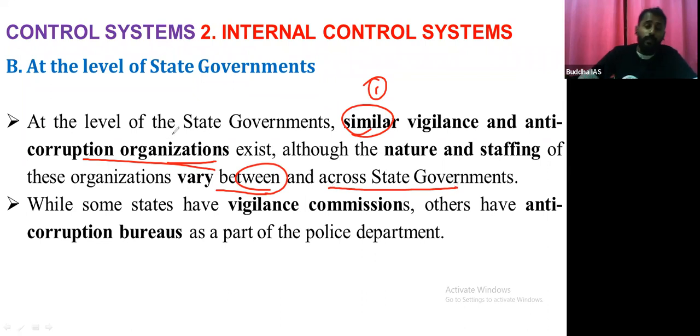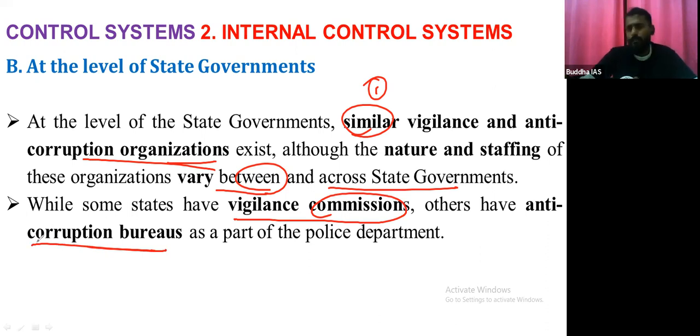Here, though they are modeled on the things we studied, CVC and Chief Vigilance Officer, there is a lot of diversity between the center and the states and among the states. While some states have vigilance commissioners and others have anti-corruption bureaus.